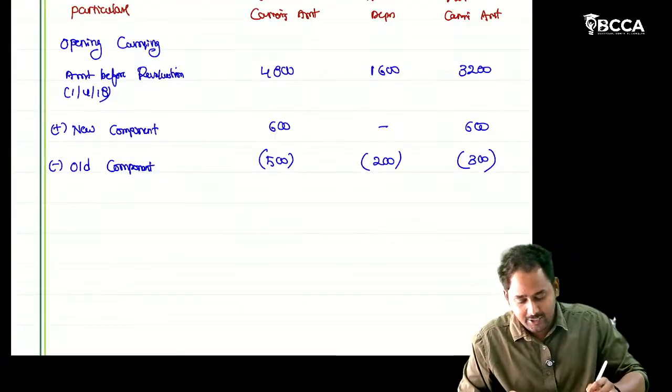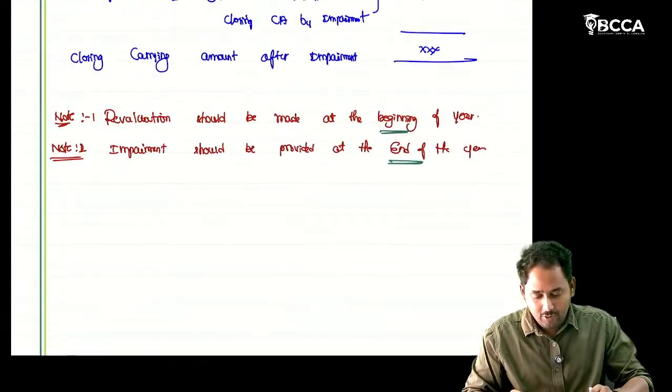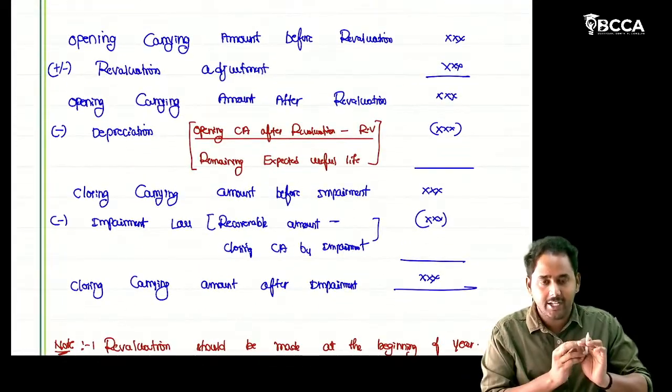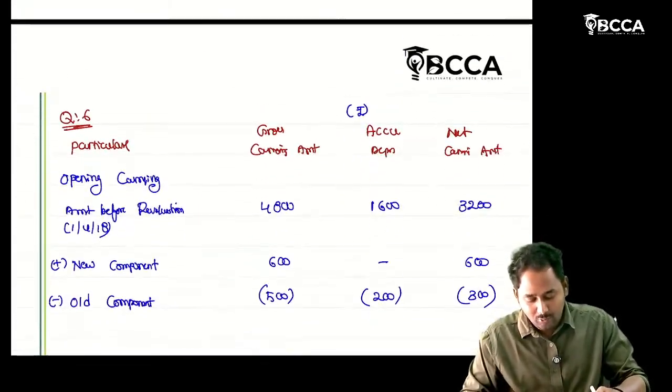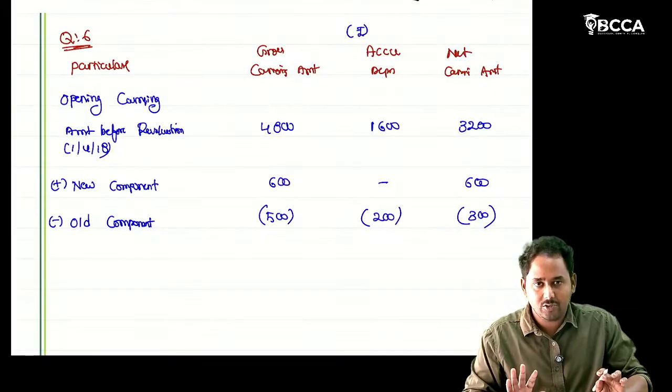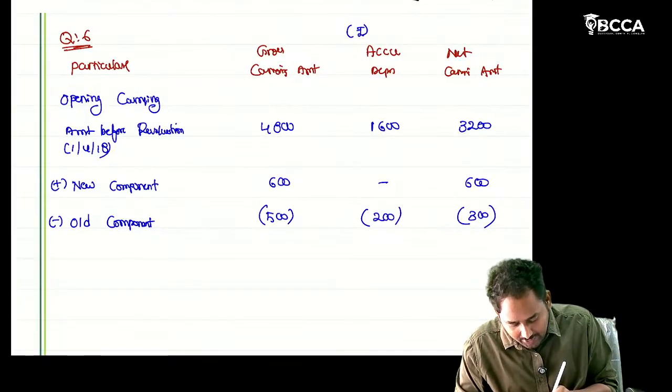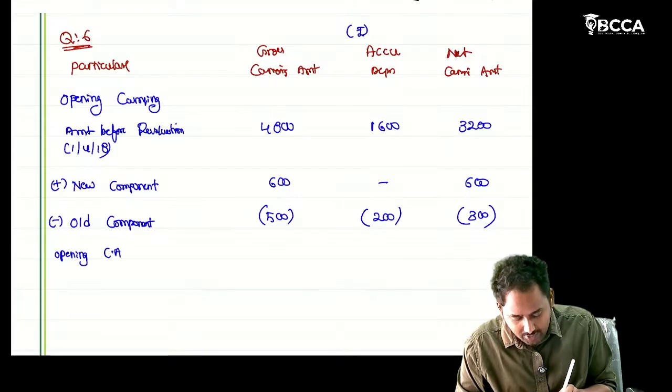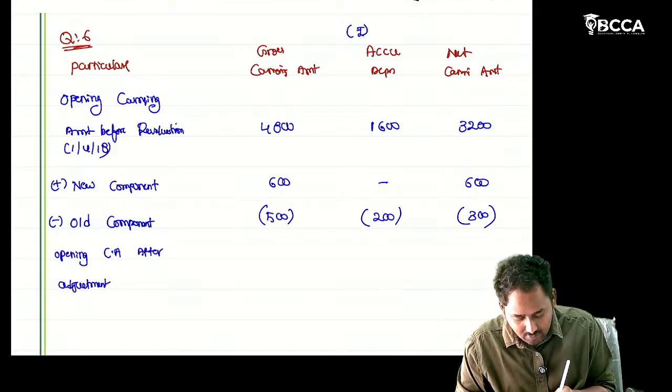For this I need to follow the format. I got the opening carrying amount. All these are the opening carrying amount before the revaluation. So what is the opening carrying amount after adjustments, before revaluation?